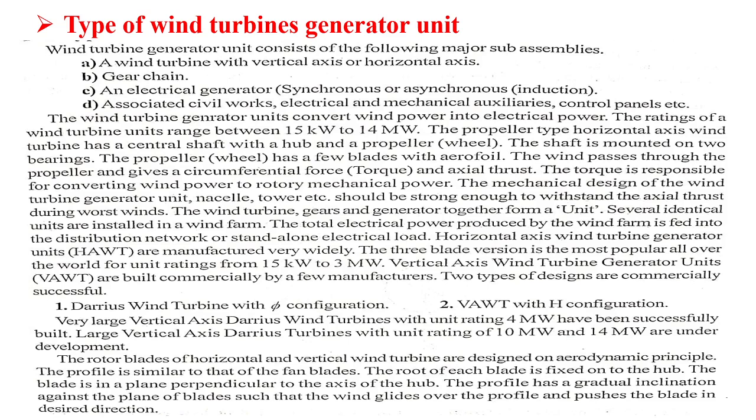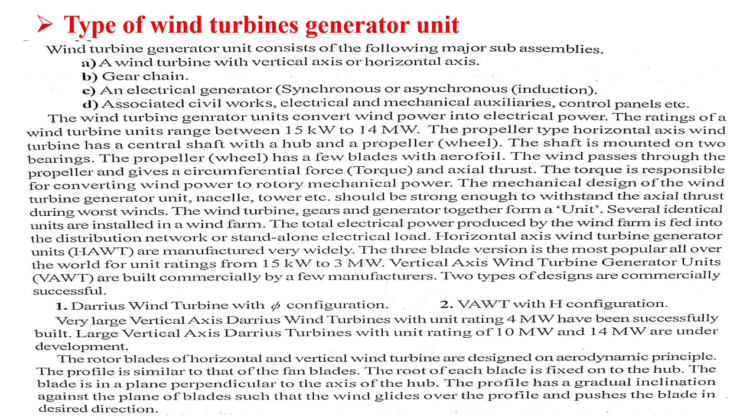The wind turbine, gears and generator together form a unit. Several identical units are installed in a wind farm. The total electrical power produced by the wind farm is fed into the distribution network or a stand-alone electrical load.